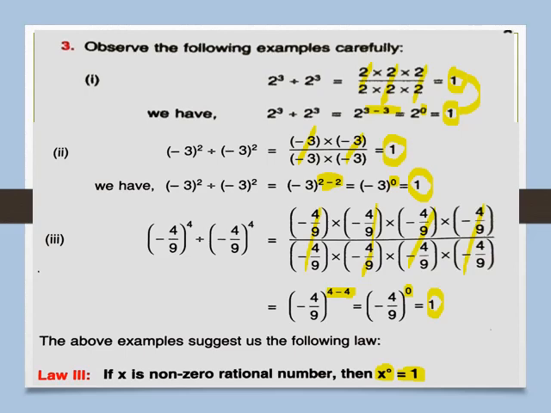When the bases are the same and the powers are also the same, according to the law what do we have to do? We have to subtract the powers. So it gives us 3 minus 3. 3 minus 3 equals 0. So 2 raised to 0 means what is the answer? The answer is 1. So either you solve it or use the law, you will get the answer 1.